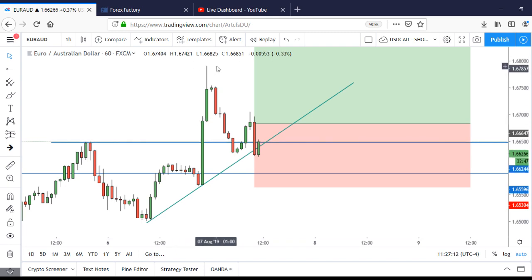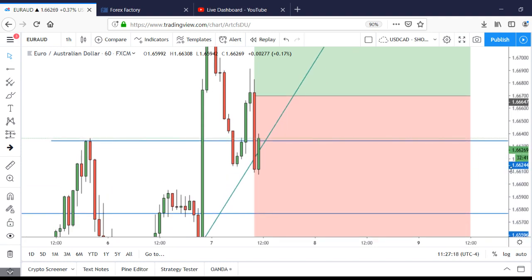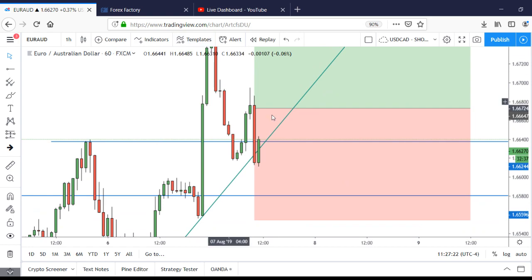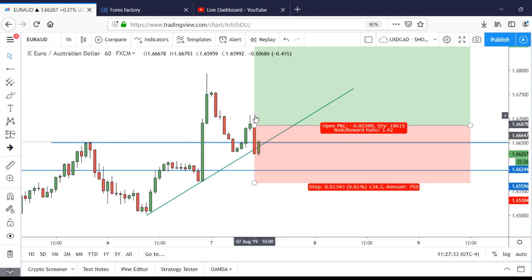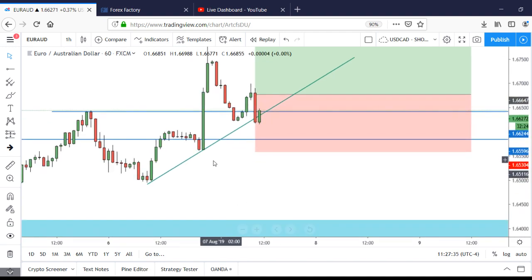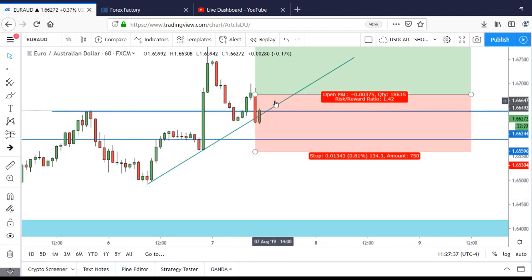We saw the Aussie dollar slip, and so we had this initial push above this key resistance at 1.6624. Then we had a nice aggressive pullback. And then it did look like we were going to go long, right? This was a nice candle off this resistance to go long. Price just snapped back, and right now we're just sitting on this trend line.